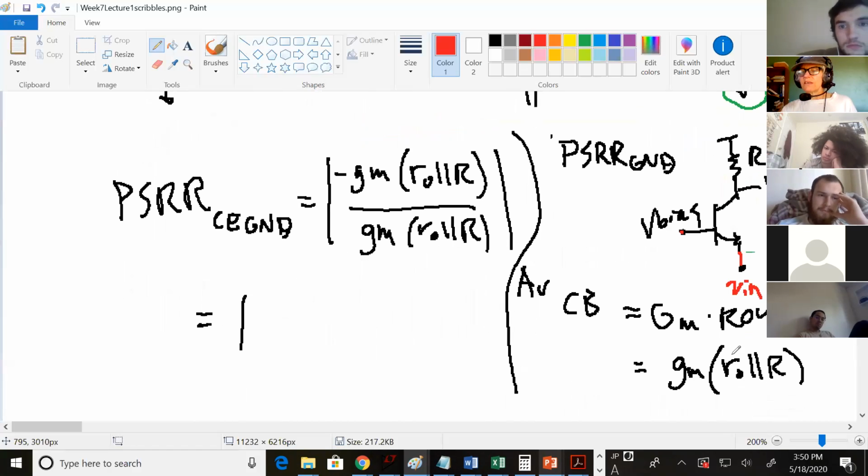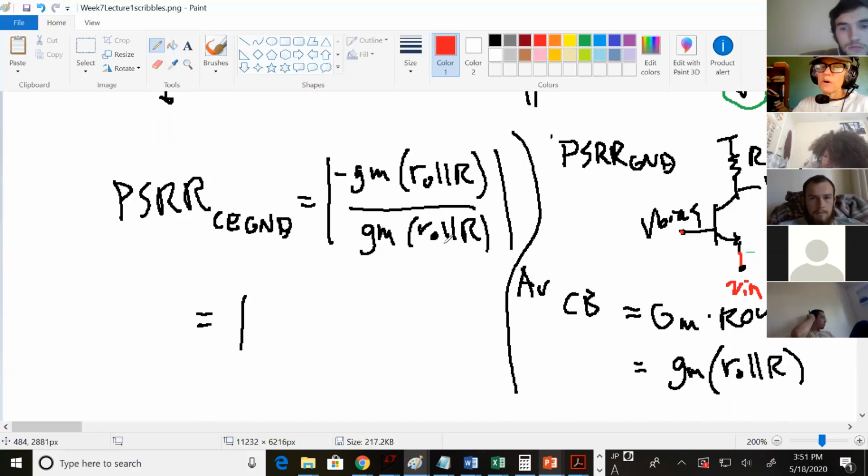This gain is what tells you, if ground moved, how much that signal would be amplified and show up on the output. So going back to your power supply rejection ratio for a common emitter from ground, the gain that you want is minus gm times RO parallel with R. That's your common emitter gain from the input to the output.